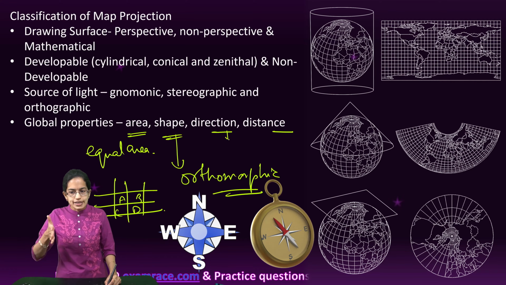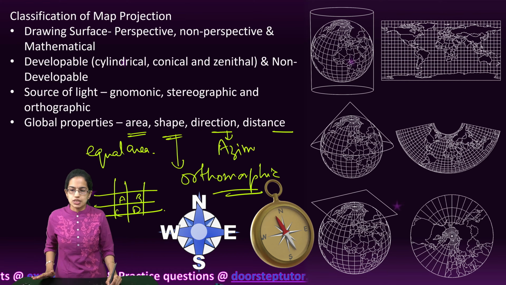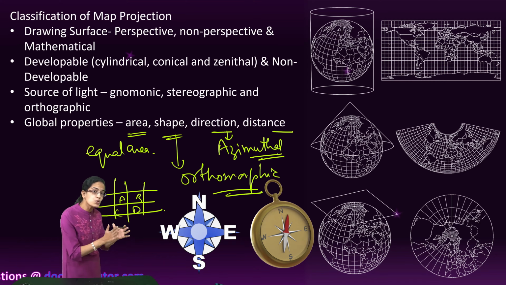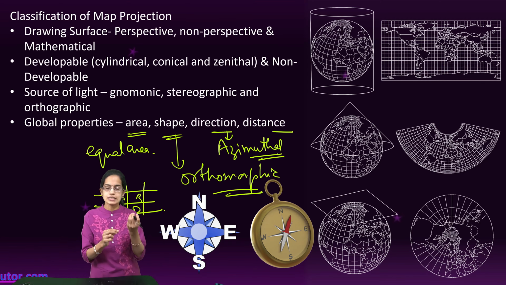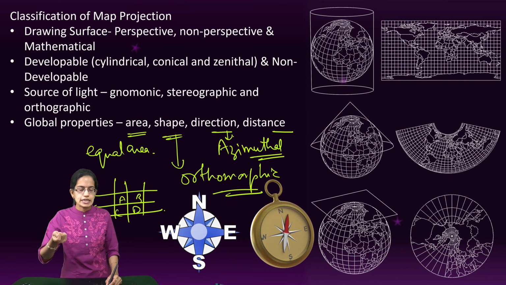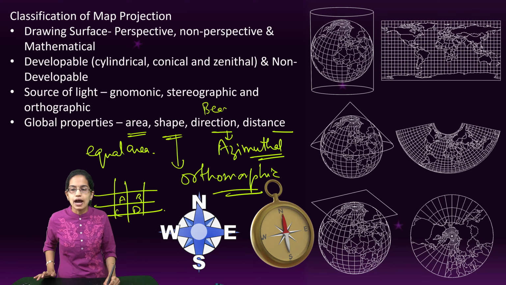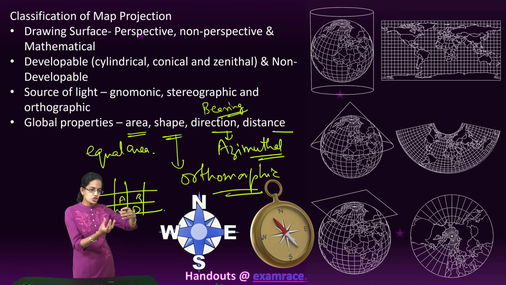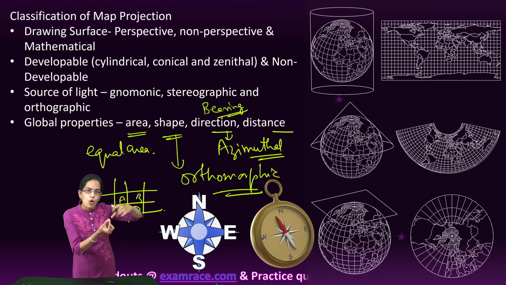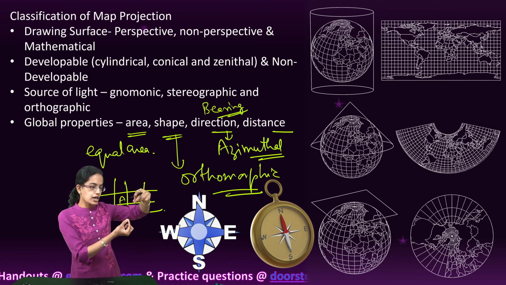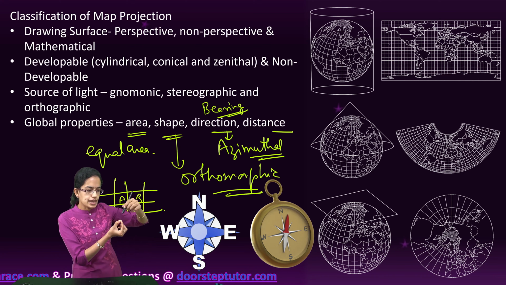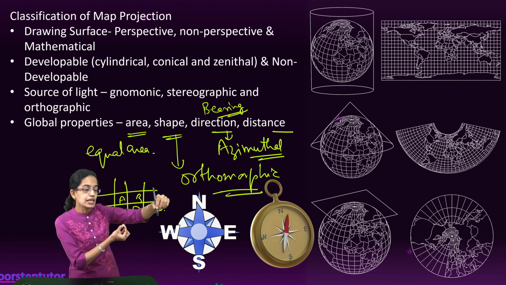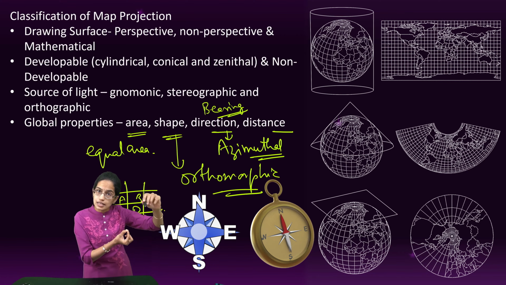The idea is azimuthal projection, as it is called, or maintaining the true bearing. Bearing explains the direction. So true direction is being maintained by the azimuthal projection, and this shows the direction of all the points from the center, and it says that the direction of point A, B, C and D is being equally and correctly represented.